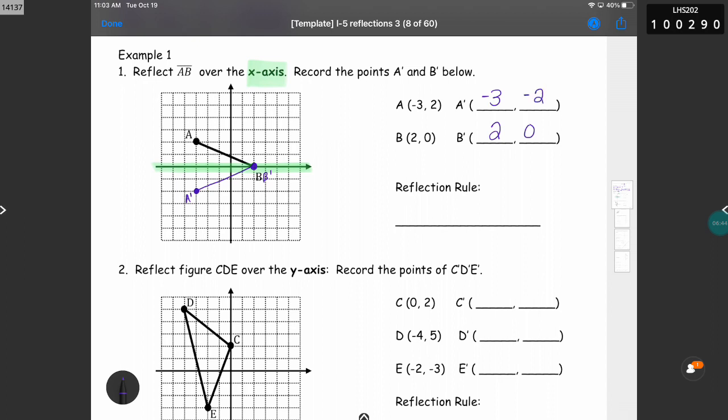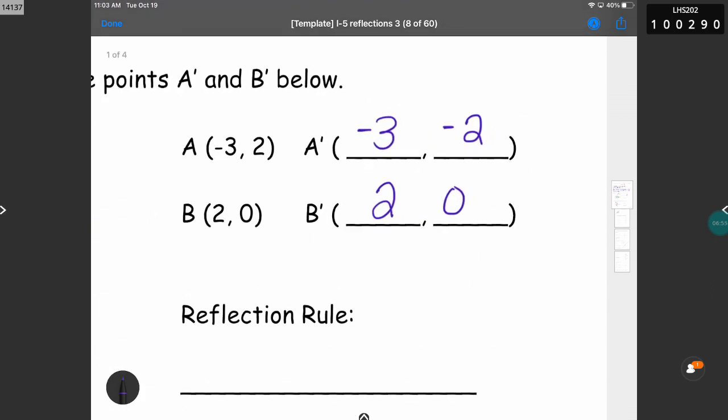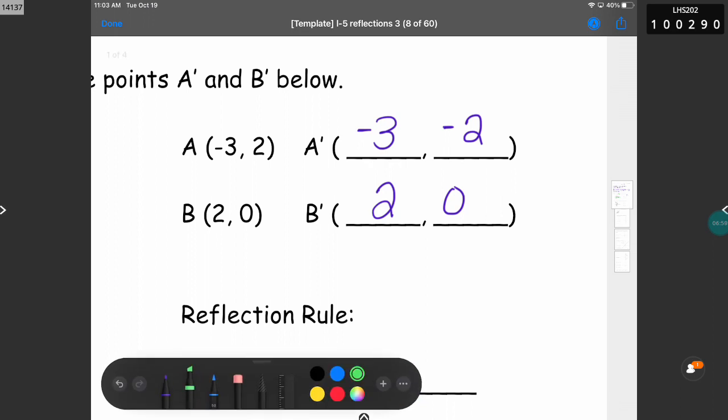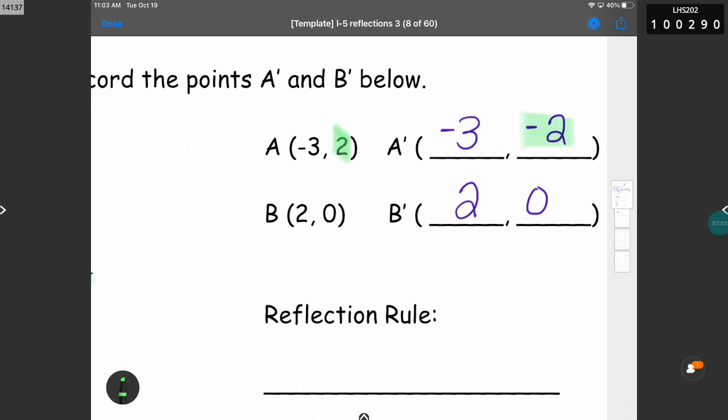So if I look at just the coordinates of A, forget about B right now, what do you notice? The 2 went to a negative. The only thing that changed is the Y coordinate.